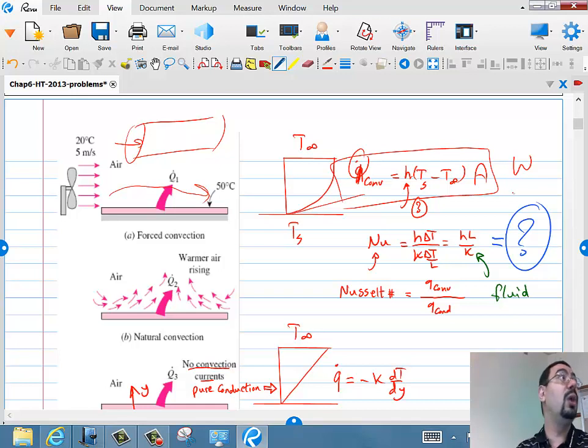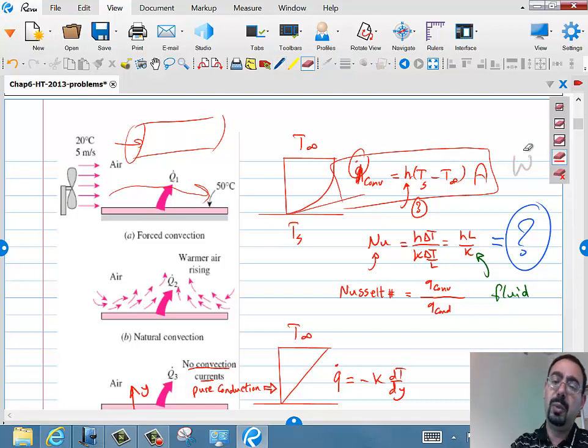You need to know how quickly the air is moving on the surface, and then you solve the temperature profile of this air layer as well, so that you can tell the temperature profile at the wall, and therefore solve for the improved heat transfer coefficient, or the improved heat transfer rate.